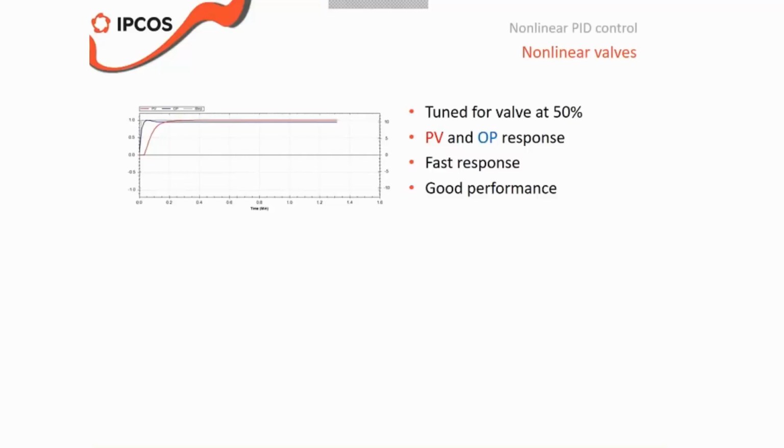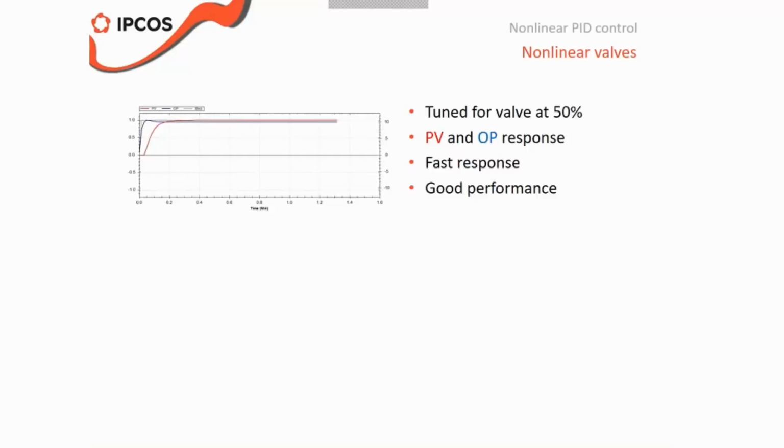And let's take a look at the example on this slide, which I've tuned initially. I've tuned the PID controller for 50% valve position, which let's say is 75% load. I've optimized the tuning, and what you see in the figure is the closed loop response. I'm changing the set point by 1, and then the red line is the PV of, let's say, a flow controller.